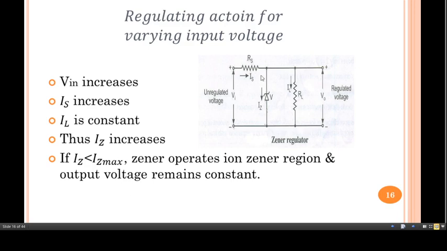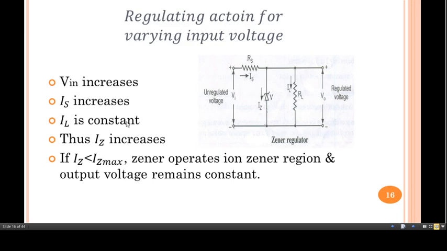In this way the voltage will remain constant when Vin increases, and this is the case for a decrease in Vin. When Vin decreases, the current Is entering will decrease.